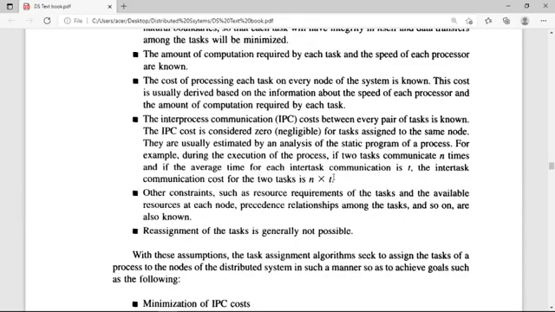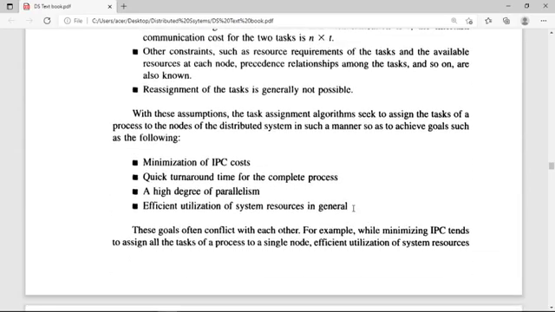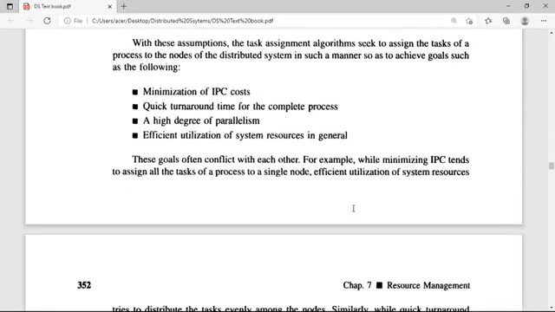On average, inter-task communication is T, and if both tasks communicate n times, it will be n into T. Reassignment of tasks is generally not possible. With these assumptions, the task assignment algorithm can achieve these goals.